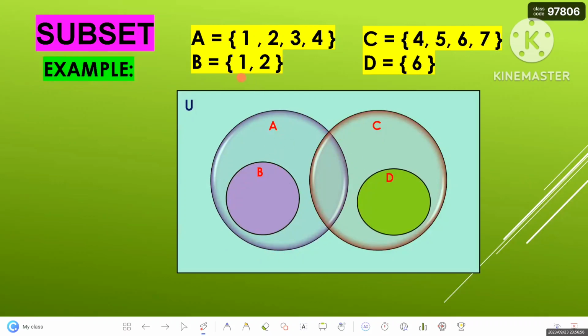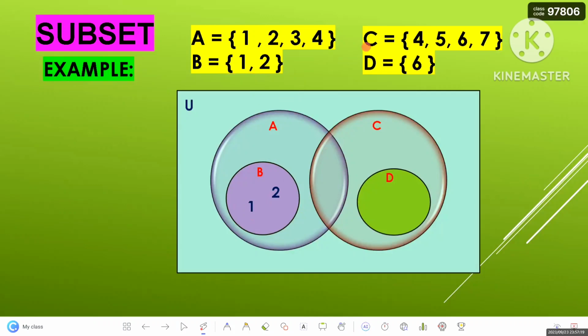Eh since pareho sila ng B, ilalagay natin ang 1 and 2 sa loob. Set A ay mayroong 1 and 2, and set B ay mayroong 1 and 2. Para hindi na madoble, we write this as 1. Isa lang ang 1 at isa lang ang 2.